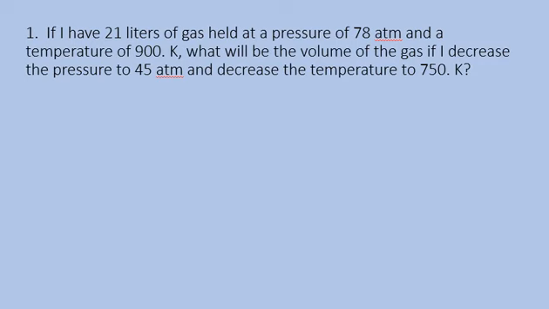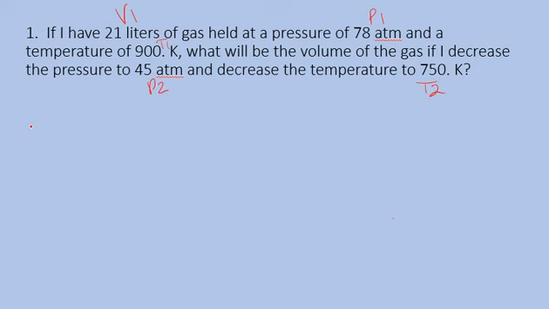If I have 21 liters of gas, that's my first volume, so I mark it with a V1, held at a pressure of 78 atm, that's my first pressure, and a temperature of 900 K, that's my first temperature. What will be the volume of the gas if I decrease the pressure to 45, that's our second pressure, and decrease the temperature to this?